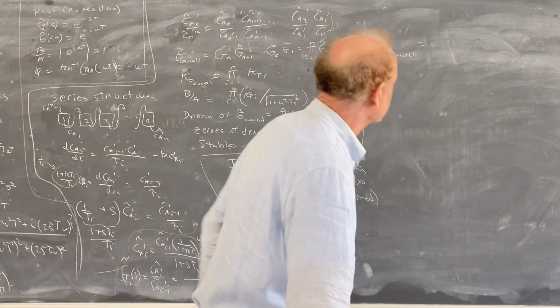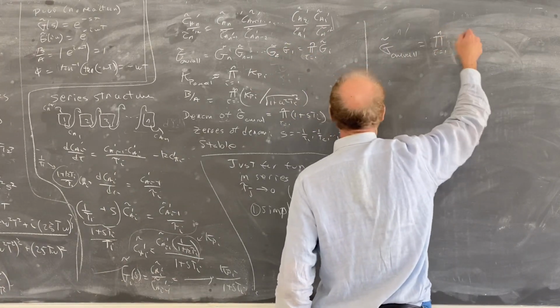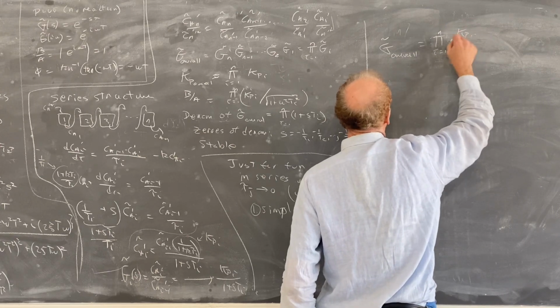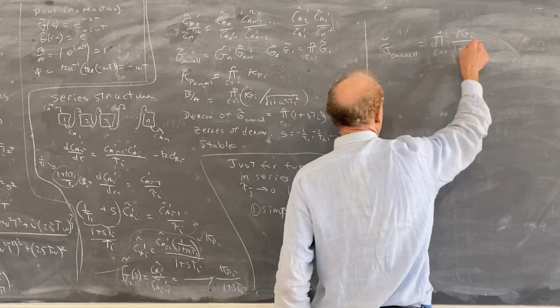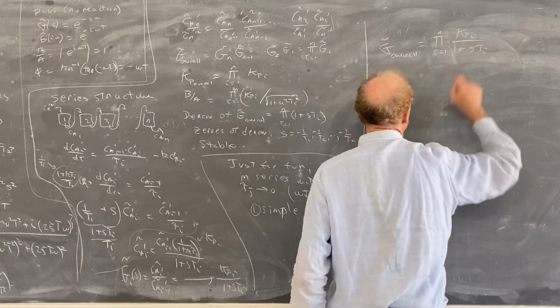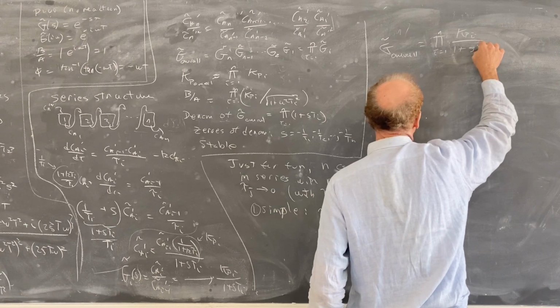So I skip the step. It's the product, i equals 1 to n, of KPi over 1 plus S Ti. Now let's keep it with no reaction. I can have a reaction or not, it doesn't really matter.